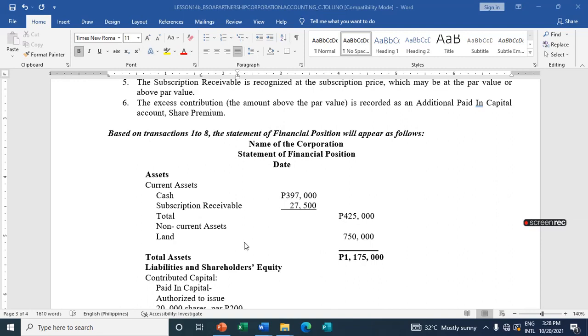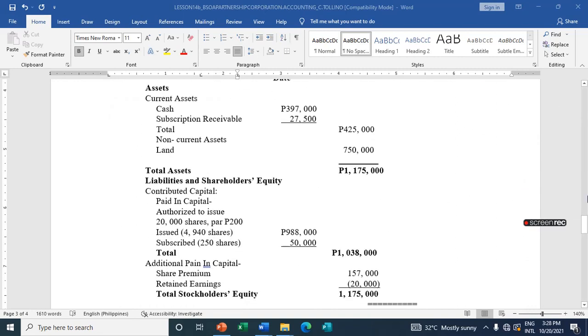In non-current assets, you have the land worth 750,000. So your total assets are 1,175,000. Next is the contributed capital. Your paid-in capital is 988,000.